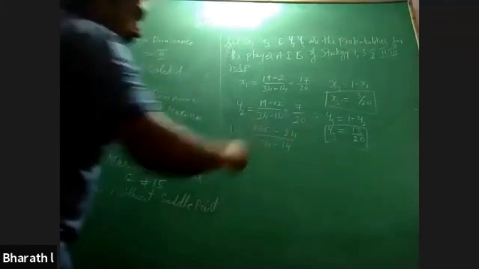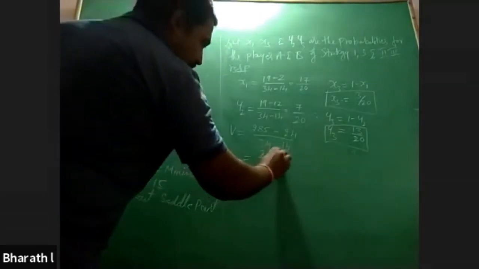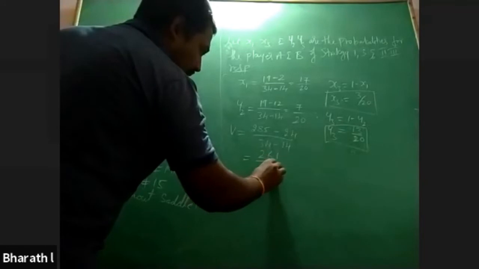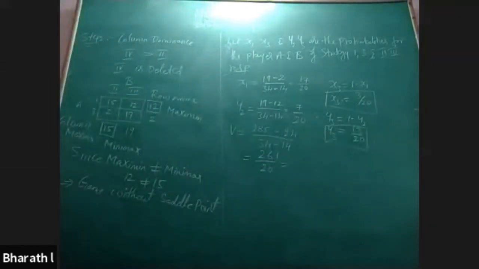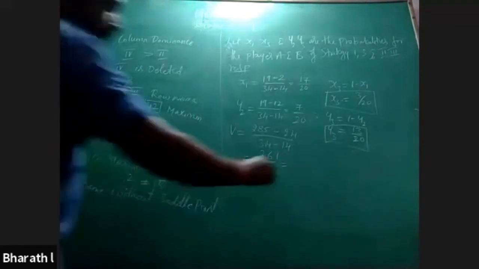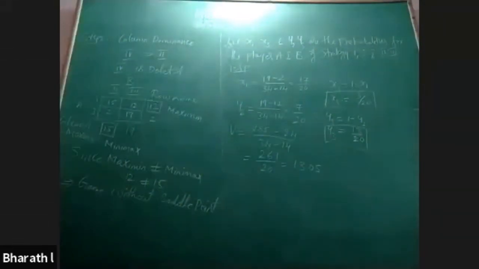Then if you calculate 285 minus 24, we will get 261 divided by 20, or if you calculate, we will get 13.05. We get 13.05. The next, you have to list it in the table.